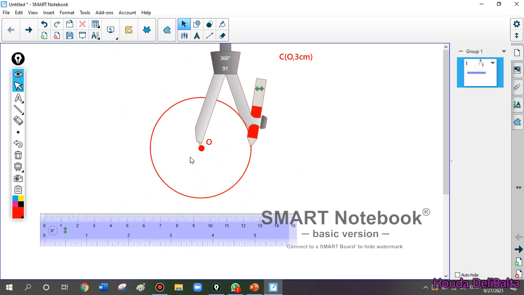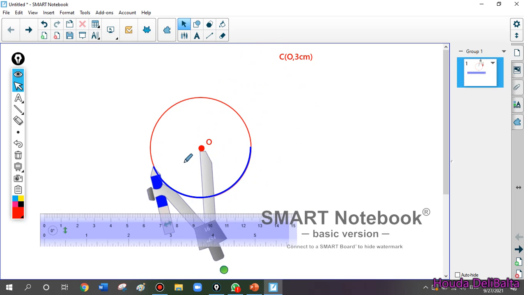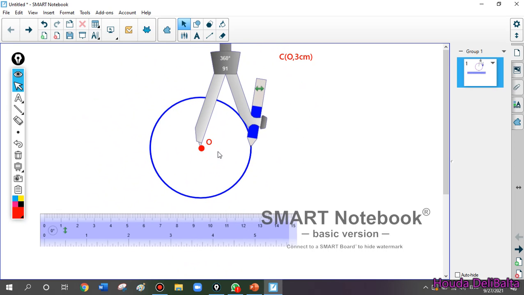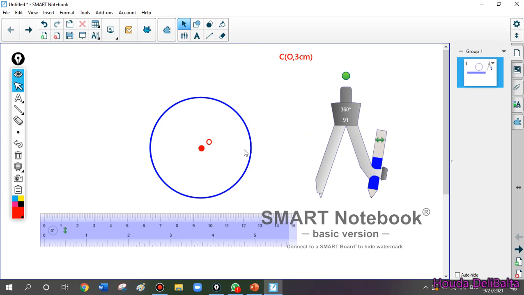So that's our circle. Again, I put the needle on the center and draw a circle using the compass, because I opened it 3 centimeters. Then I draw a circle of center O and radius 3 centimeters.